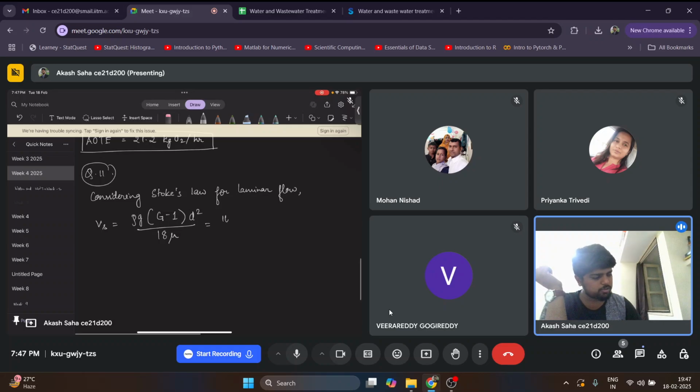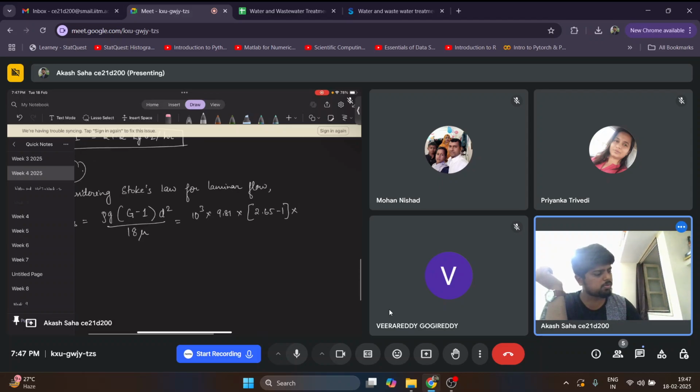We'll put the values: 10 to the power 3 into 9.81 into (2.65 minus 1) into (0.25 into 10 to the power minus 3) whole square by 18 into 10 to the power minus 3.